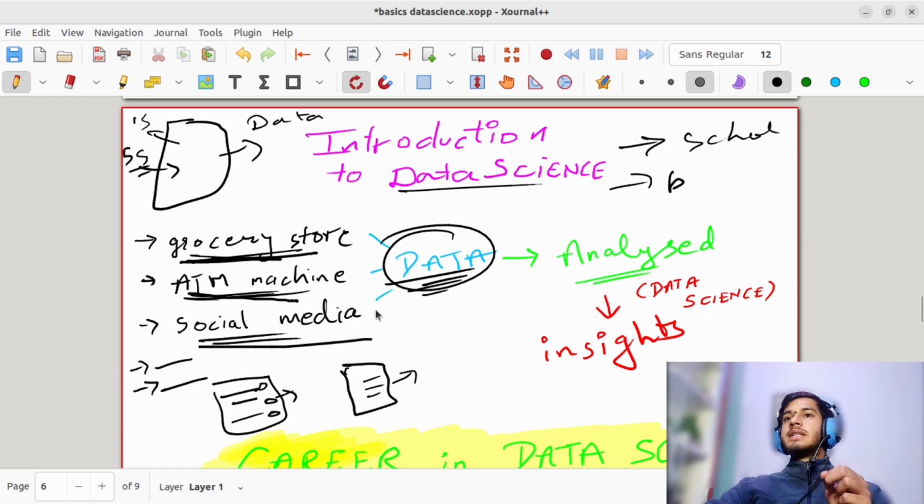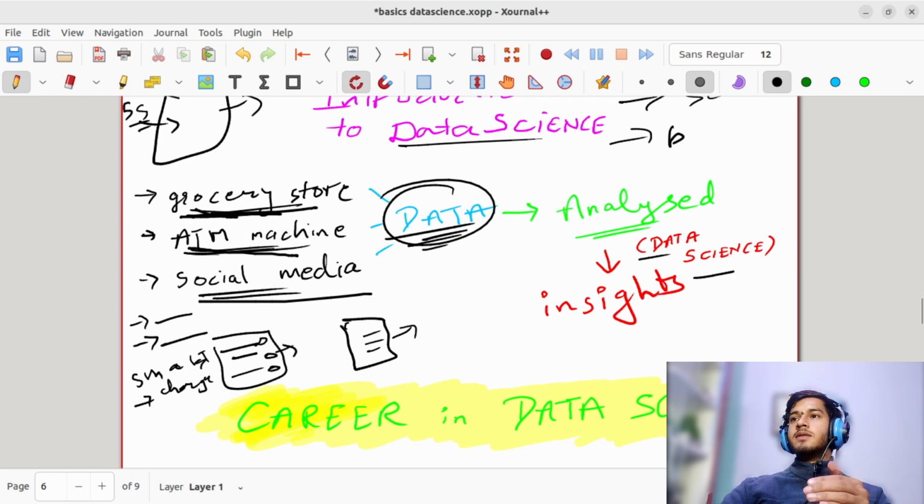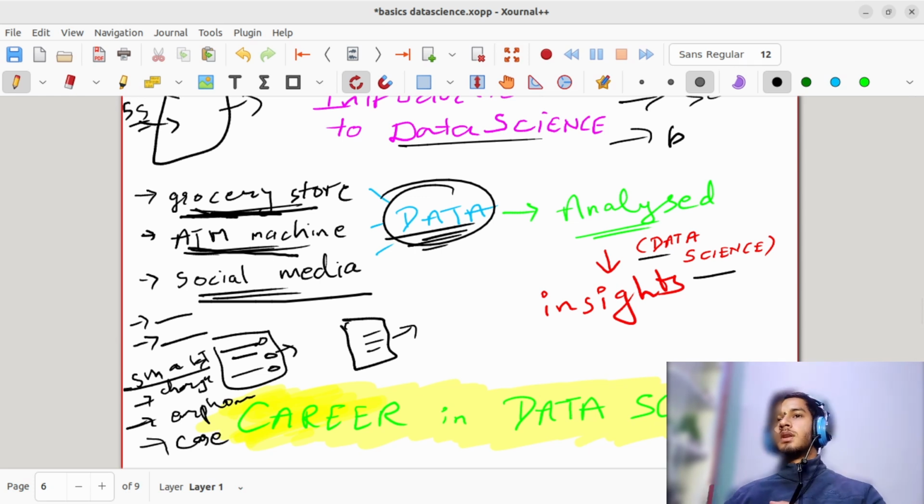Let's take an example of a grocery store. Using data science, we can predict that if a person buys a smartphone, he is likely to buy a charger also. We are making predictions. If a person is buying a smartphone, he may also buy some earphones, or a smartphone case. That is the job of the data scientist.